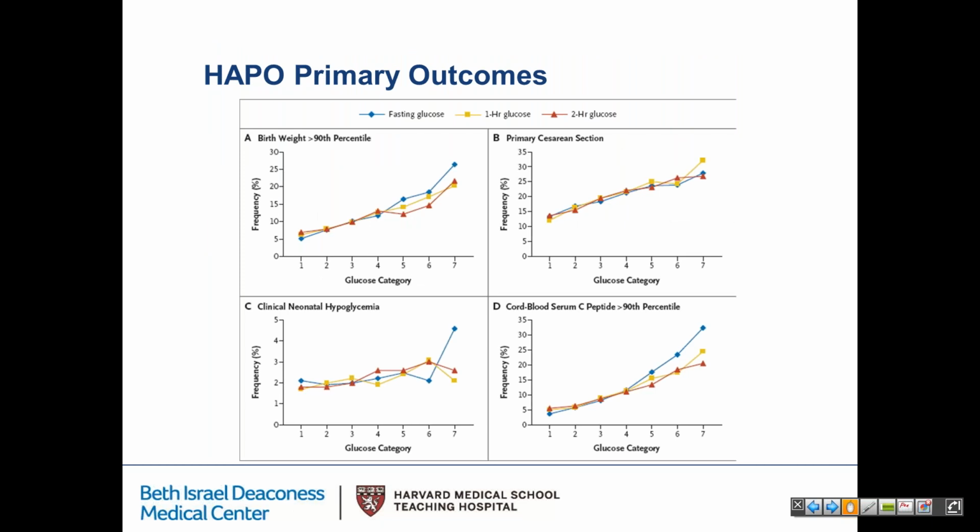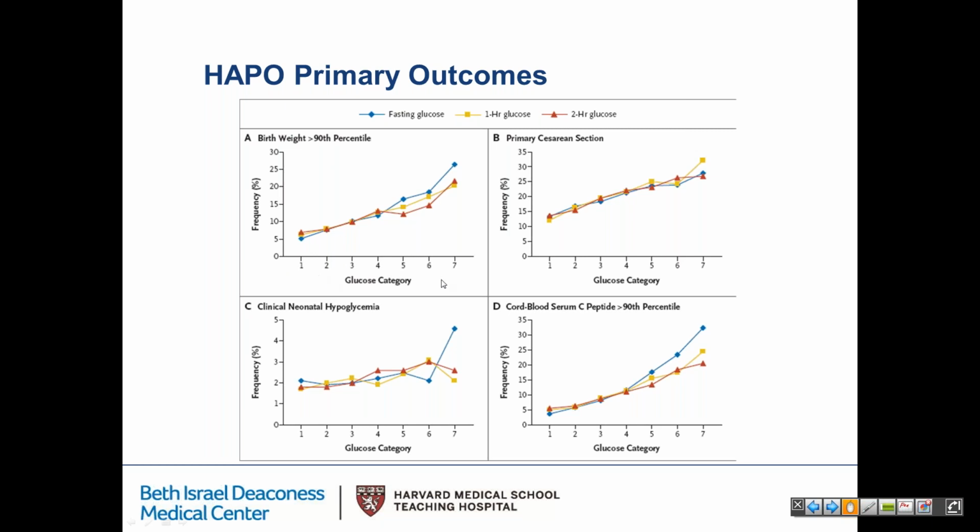And what they saw was that for every outcome they looked at, regardless of the time point at which the glucose value was drawn, there was essentially a linear relationship between maternal glucose category, which along the x-axis here you can see, for example, and this is looking at frequency of birth weight over the 90th percentile.